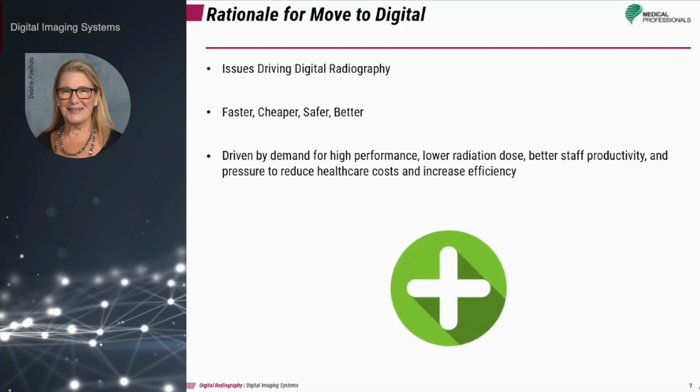So why did we move to digital? Digital images are composed of numerical data that can be easily manipulated by a computer. Image brightness, or visible density and contrast, can be altered by the computer during what we know as post-processing.